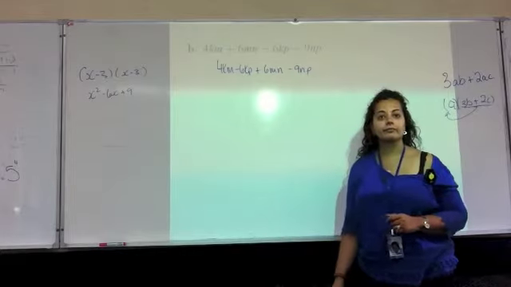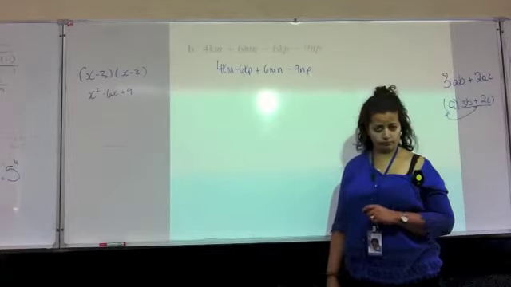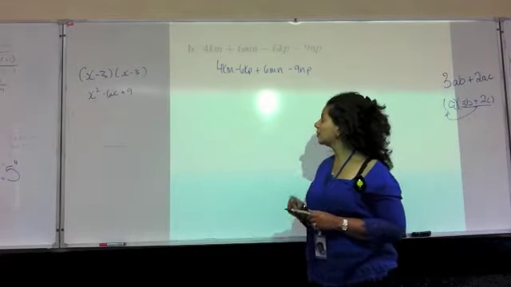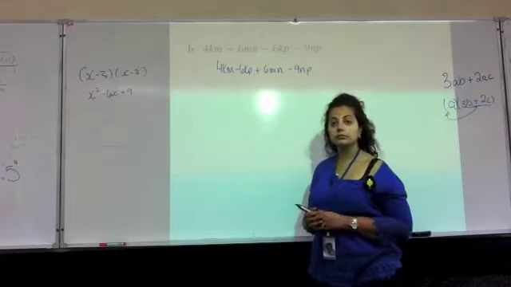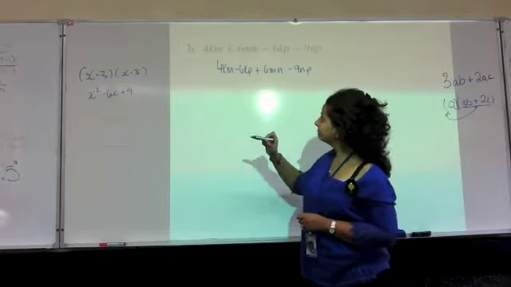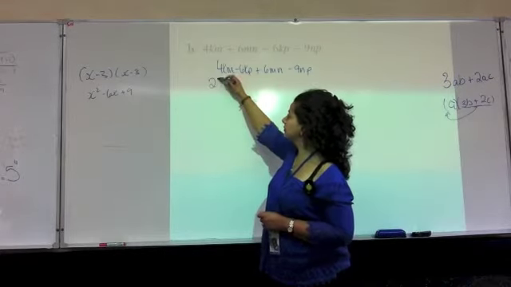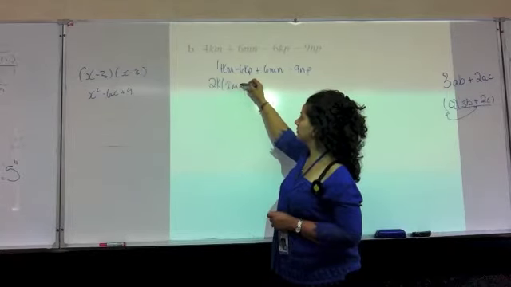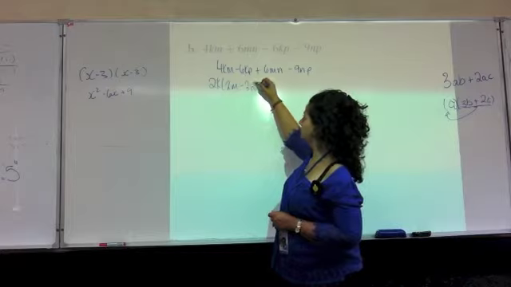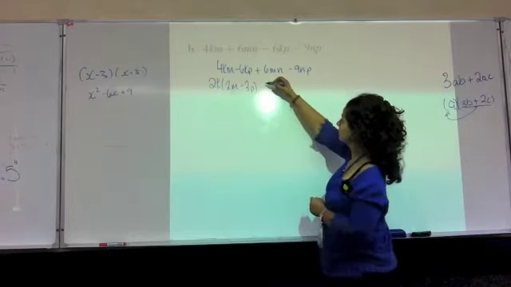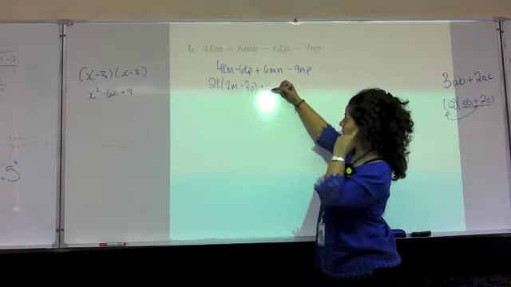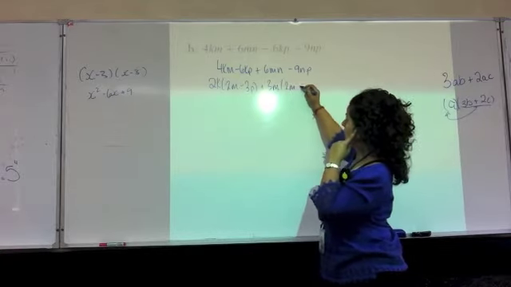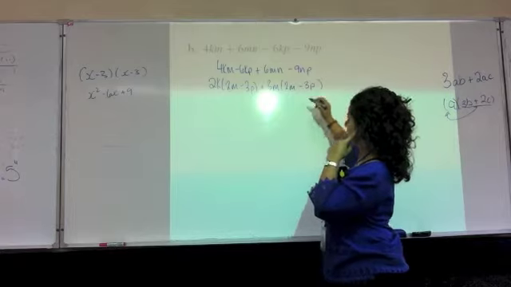4k. What's the highest common factor? 2k. And brackets 2m minus 3p. Good. And then plus 3m in brackets 2m minus 3p. Good.